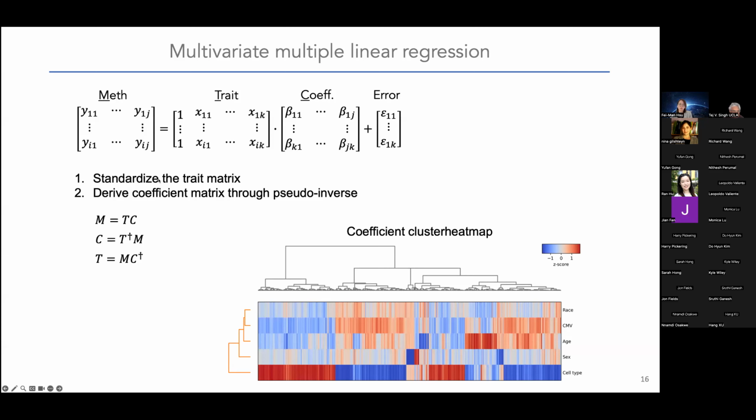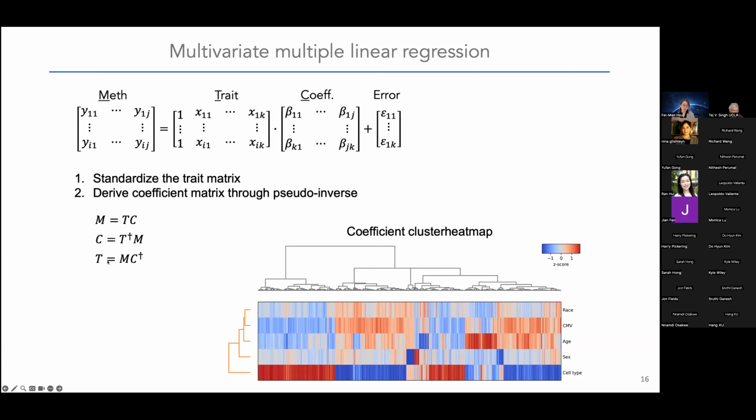We standardize the trait matrix, and then derive the coefficient matrix through the Moore-Penrose inverse, or you can call it the pseudo-inverse. So we have methylation, trait, and coefficient. We can multiply by the pseudo-inverse of the trait matrix here, and derive the coefficient matrix.